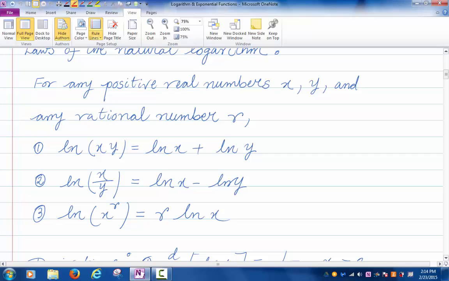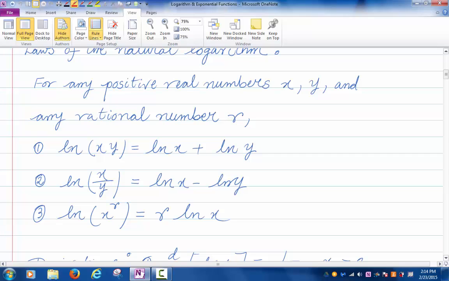Now here, x and y are positive. R is a rational number. Why do I say it's a rational number? Why am I restricting the exponent r to a rational number at this stage? Number 3 actually works even when r is real. We're going to see that in a bit. But at this point, why am I not telling you that?